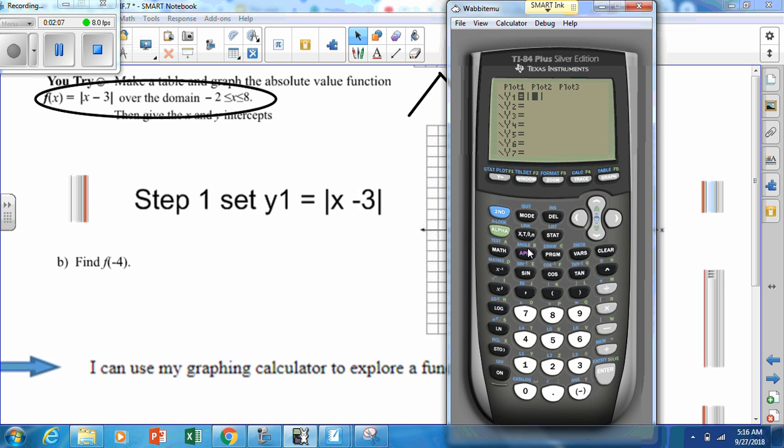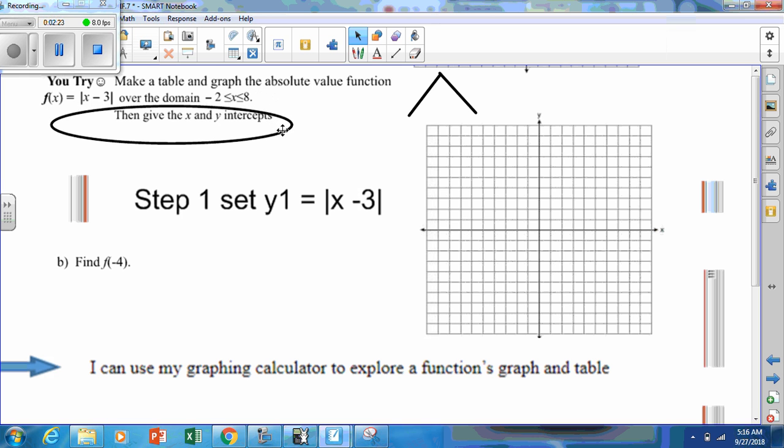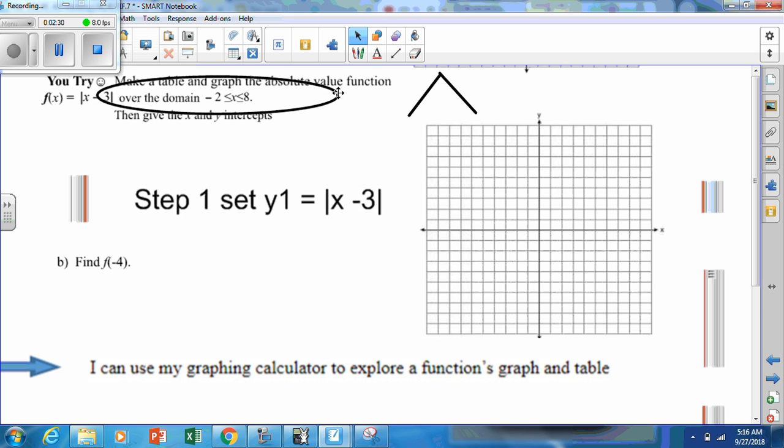Now, before I put this in my calculator, it's asking for the x and y intercepts. But also, I need to graph this so that I'm looking at a domain of -2 to 8. So -2 is right here, and 8 is somewhere right here. We want to bear that in mind.